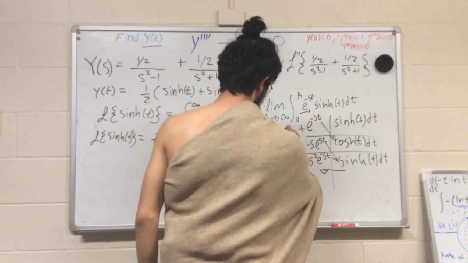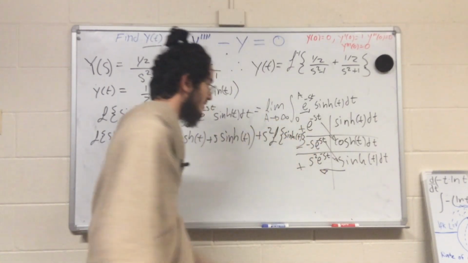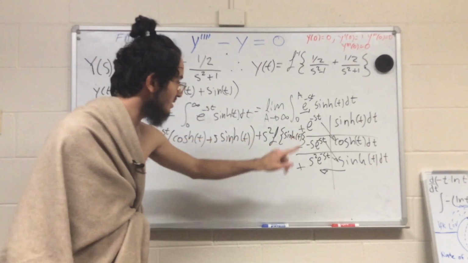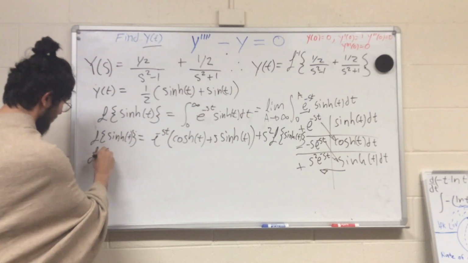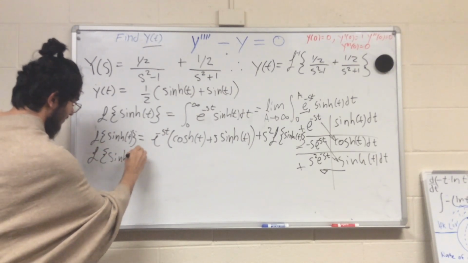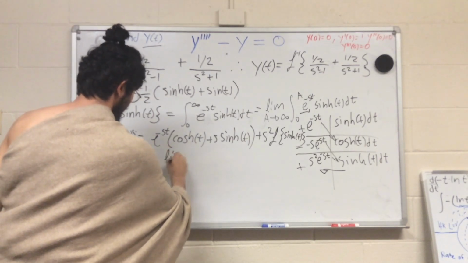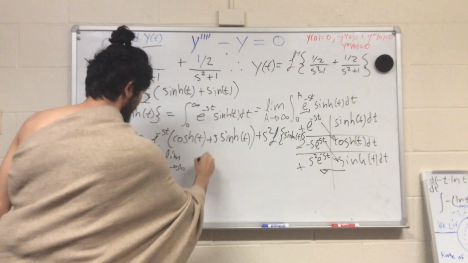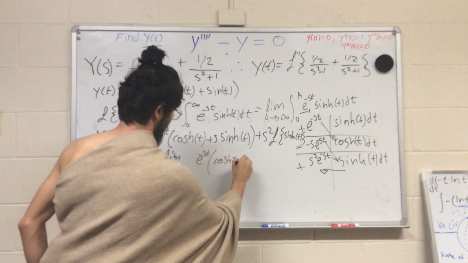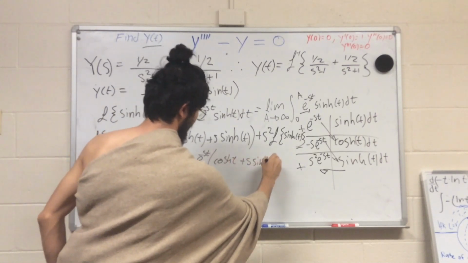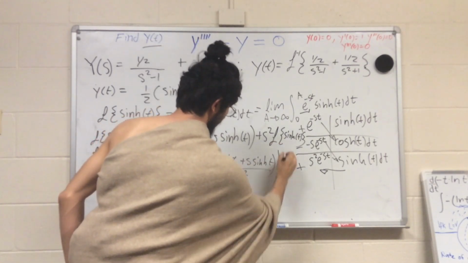So we can subtract s squared Laplace transform of sinh on both sides and factor that, and we get that the Laplace transform of sinh of t is equal to the limit as a goes to infinity of e to the minus st times cosh of t plus s sinh of t, divided by 1 minus s squared, from 0 to a.